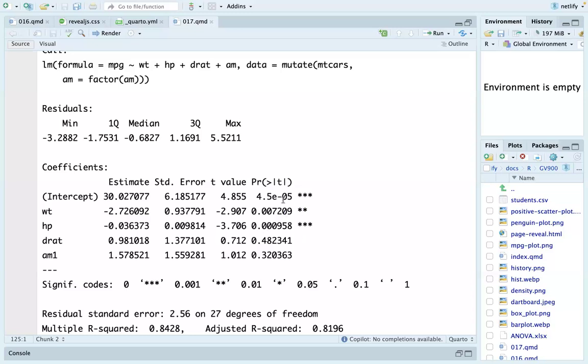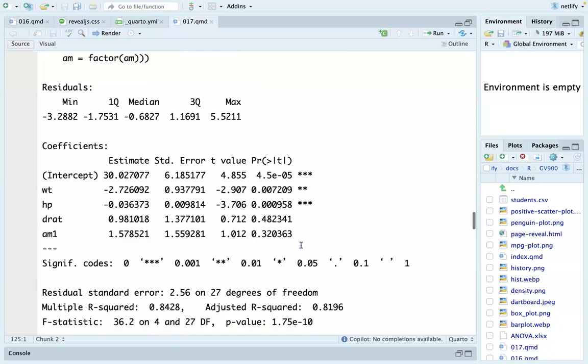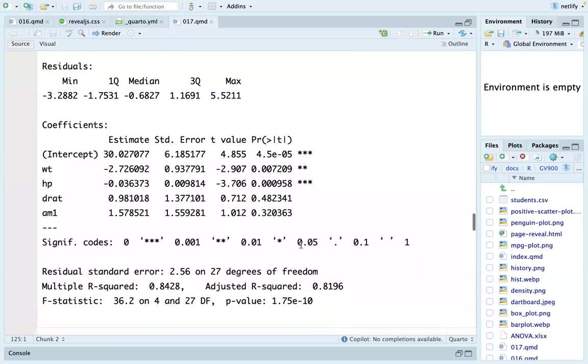So in this case, the weight and horsepower are significant because they are quite small, but the drag and transmission are not significant because they are much bigger than the 5% level of significance.